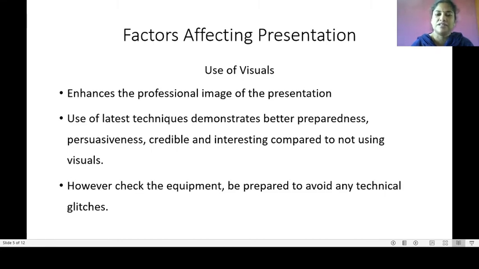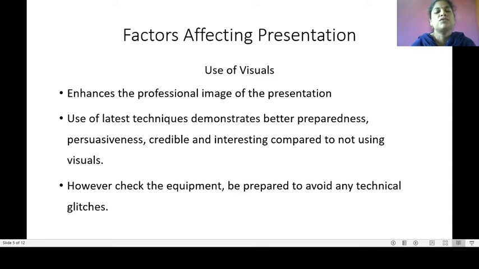After collecting the material, he has to organize it effectively and start preparing the slides. In the slide, he can enhance his presentation by not just words but also through visuals. Using visuals actually enhances the professional image of the presentation.